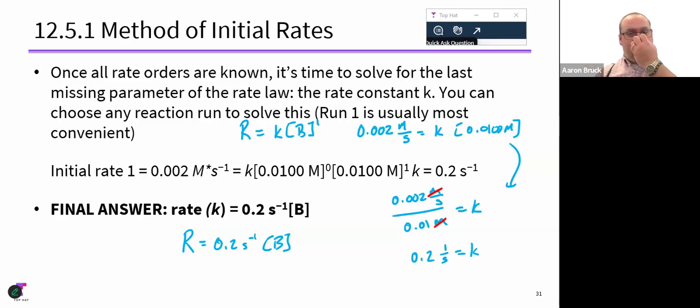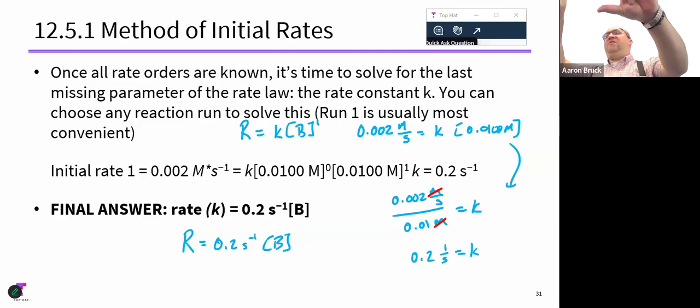So if it's first order, it's going to be just reciprocal seconds, because molarity times reciprocal seconds gives us molar per second. If it's zero order, it's going to be molar per second, because there are no concentrations that it's getting multiplied by. If it's second order, then we're going to see per molar per second, where I've got molarity in the denominator.